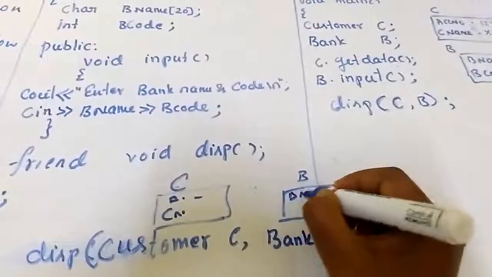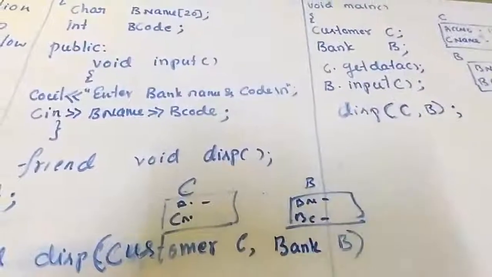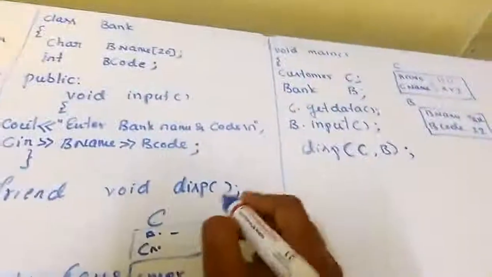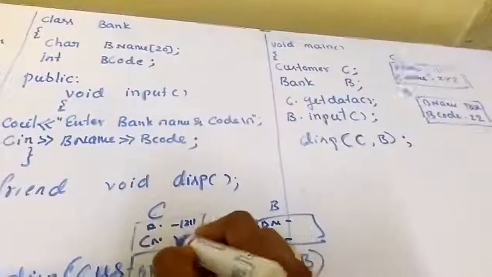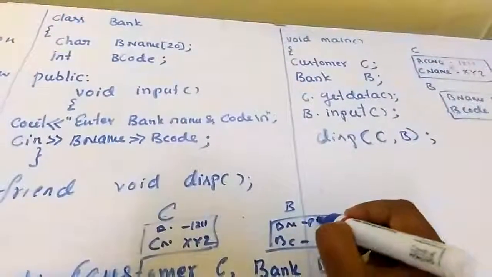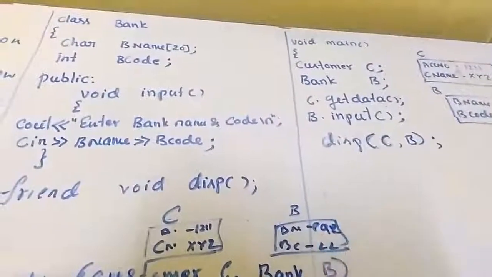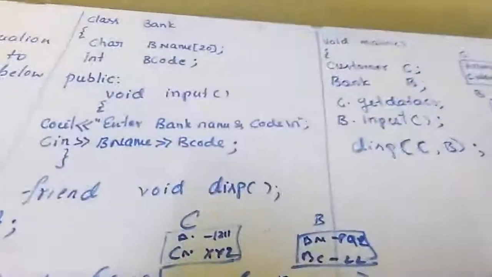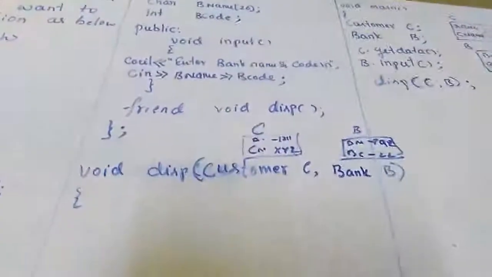Here bank, branch name and branch code. That code with those values will be copied here. 1211 and XYZ. Then PQR22. Are you understanding? So the object values are copied to these formal objects.